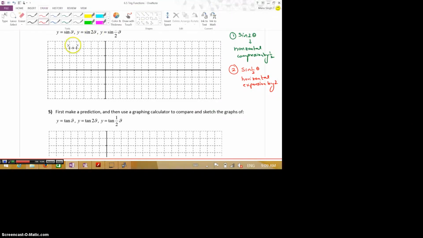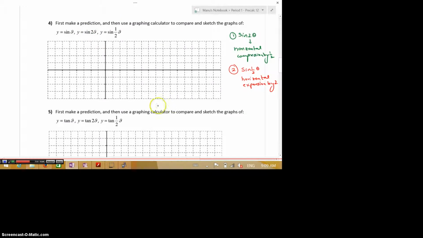First things first, before I go on the graphing calculator, let me graph my original function. So for the original function I'll label 0, 2 pi, 4 pi, pi, pi over 2, 3 pi over 2, 5 pi over 2, 3 pi, 7 pi over 2.